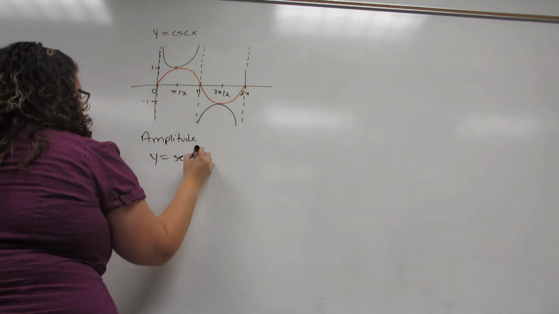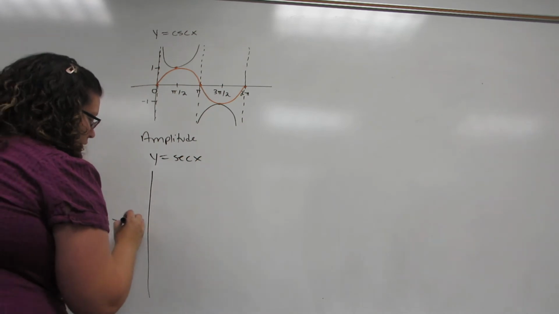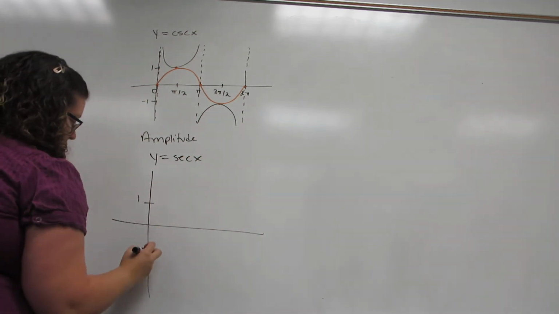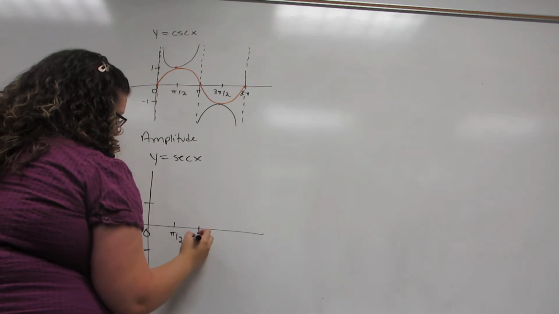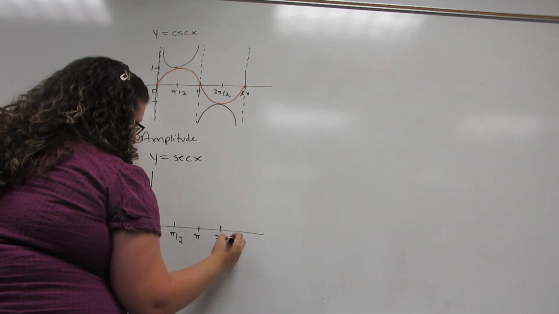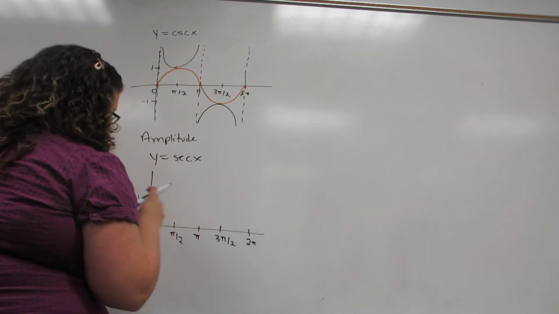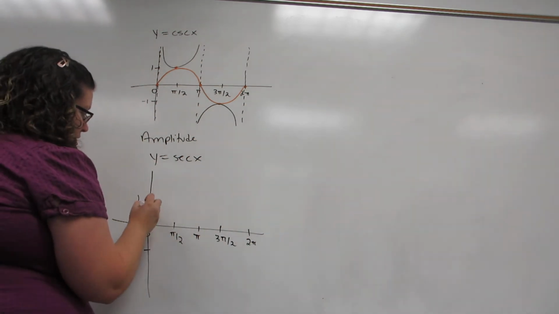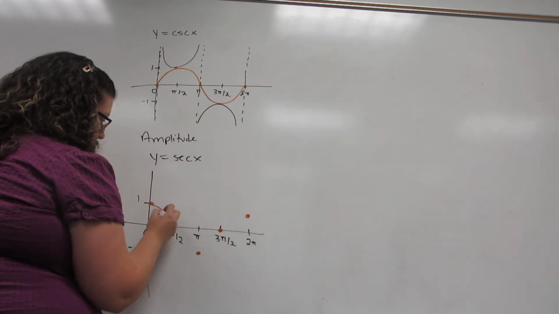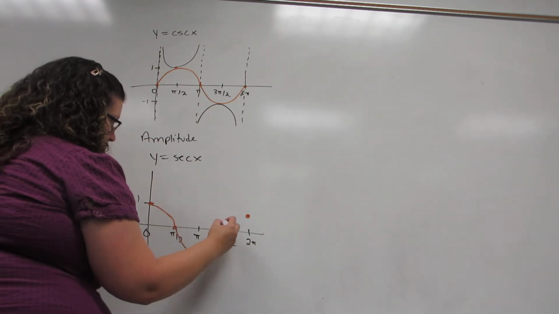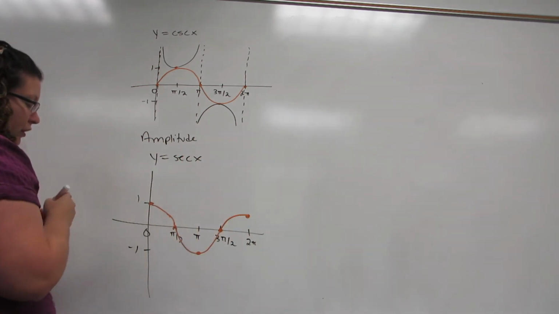Let's look at secant of x. Once again, the graph has the same labelings as for sine and cosine. This time, I'm going to graph cosine underneath it, because secant is 1 over cosine.